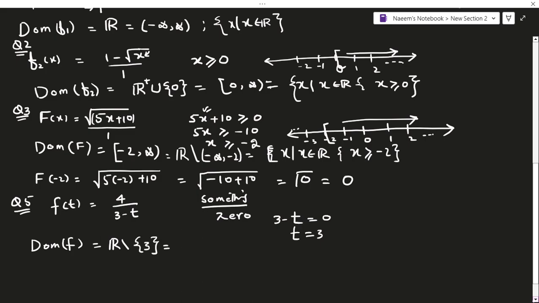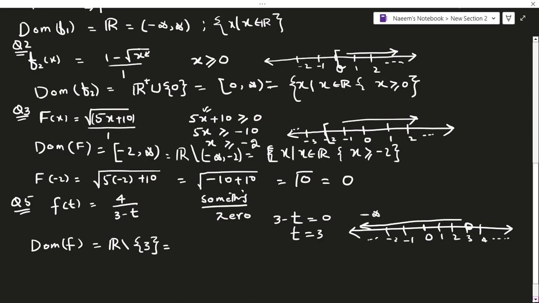Or you can say that if we have the real line, 1, 2, 3, 4, and so on, minus 1, minus 2, and so on, every number is part of this domain except 3. So this cannot be part of the domain.